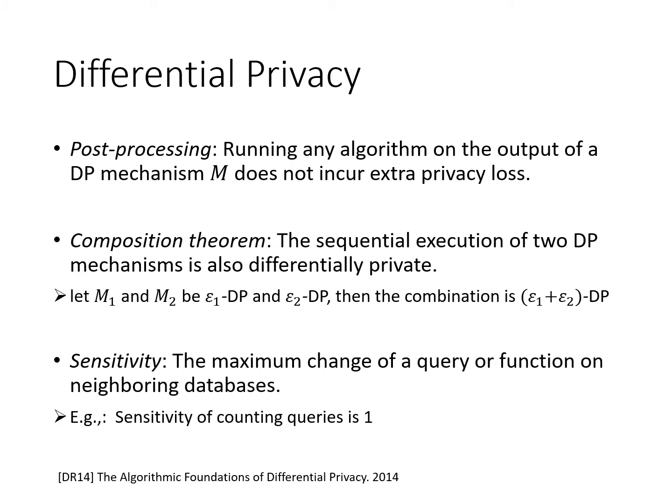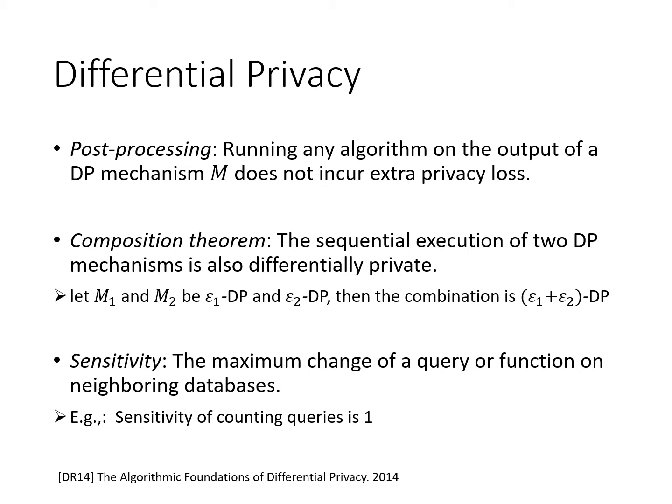At the same time, differential privacy has many desired properties. A differentially private algorithm supports post-processing, which means that running any algorithm on the output of a differentially private mechanism M does not incur extra privacy loss.